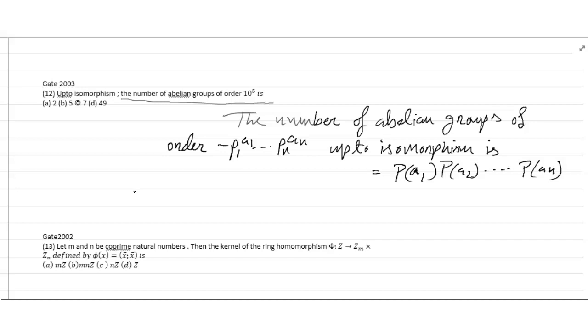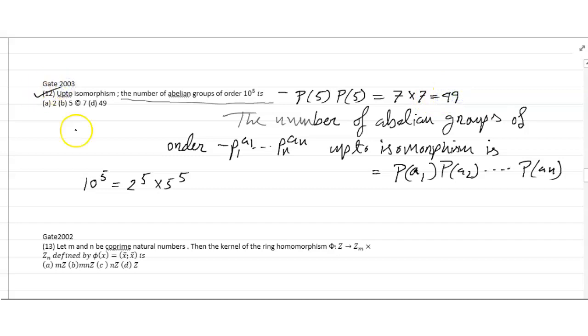So here 10 to the power 5 can be written as 2 to the power 5 into 5 to the power 5. So the number of abelian groups is p(5) into p(5). The number of partitions of 5 is 7. So 7 cross 7 is equal to 49. So 49 is my answer.